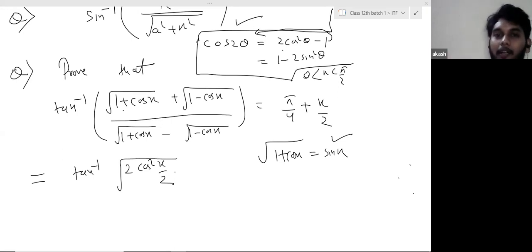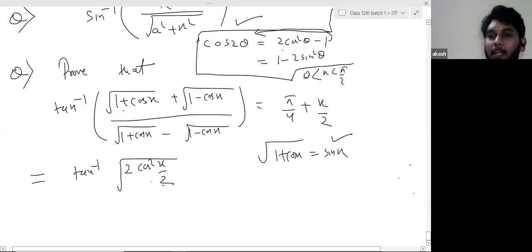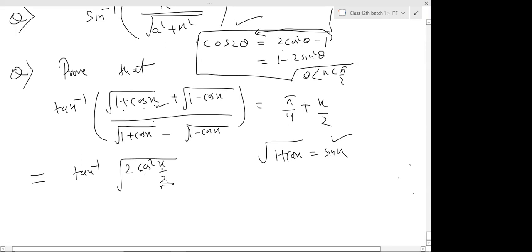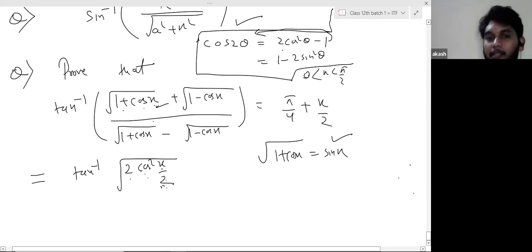That is why this is called half angle formula. We half the angle, right? Cos x, cos x by 2. Whatever the angle be, just half it. And everything else remains the same, cos remains square, right? 2 cos square x by 2.